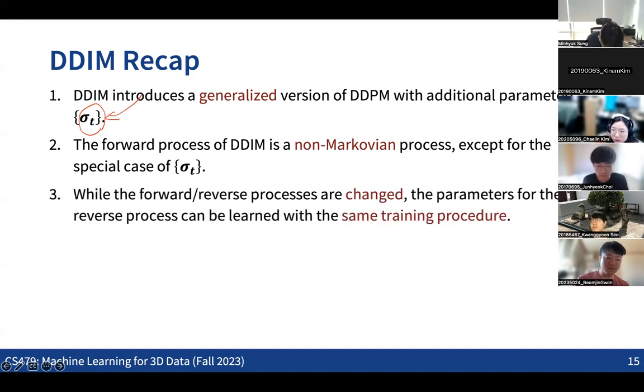And the most important thing is that while we are changing the forward and the reverse processes, the parameters of the reverse transition can be learned in the same way, with the same training procedure.